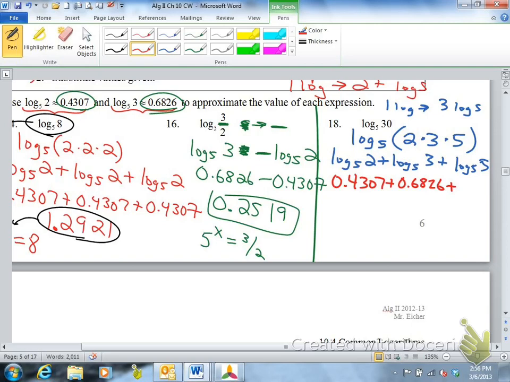Log base 5 of 5. Anybody? Log base 5 of 5 does not equal no. It's 1. Log base 5 of 5 is 1. So you'd have 2.1133. I think that's what you get when you add.